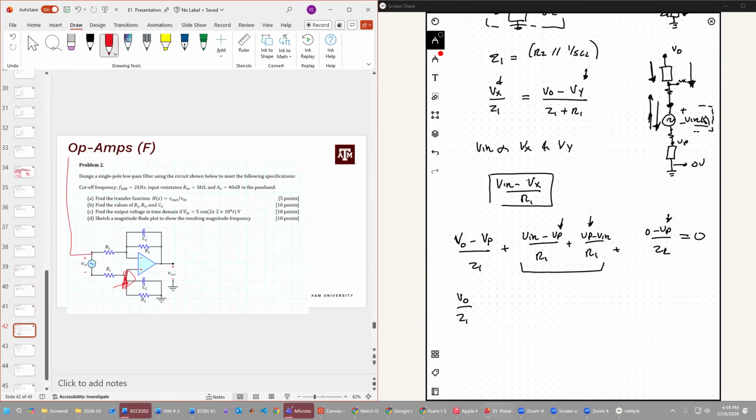On this side, since we know Z1 and Z2 are equal to each other, this will just be minus 2 VP over Z1. And then these VP terms are actually going to cancel out. In fact, I think this whole term is canceling out, and we get this.